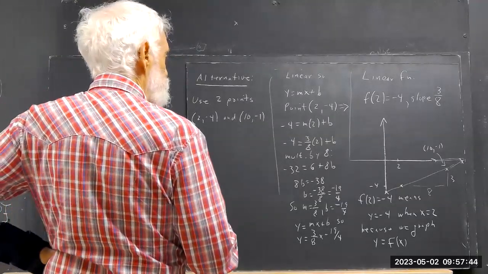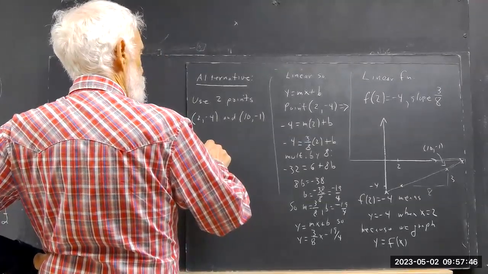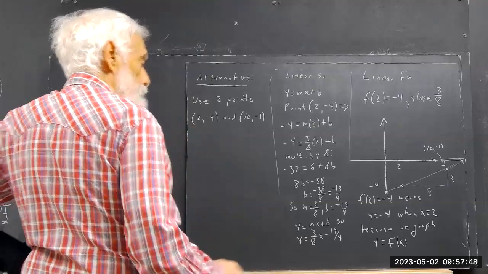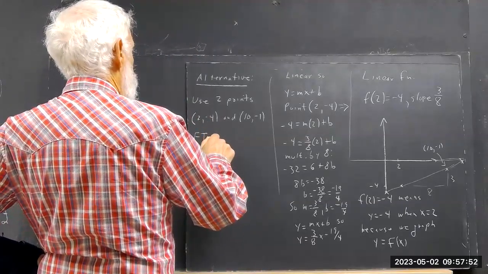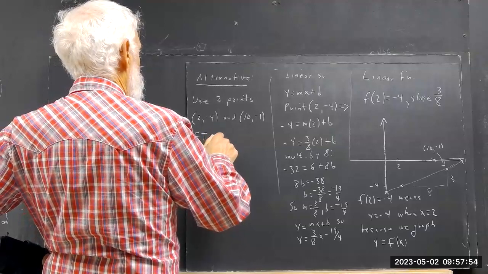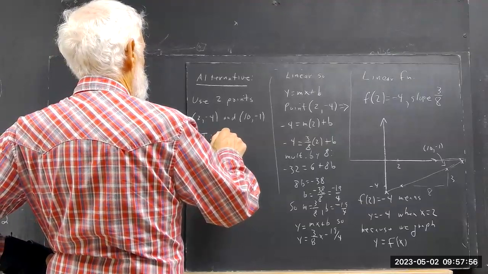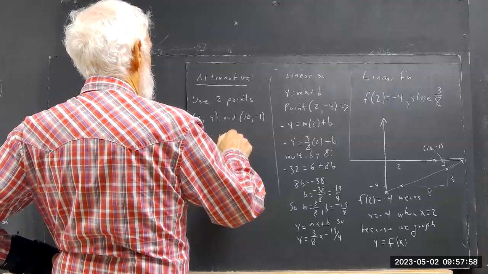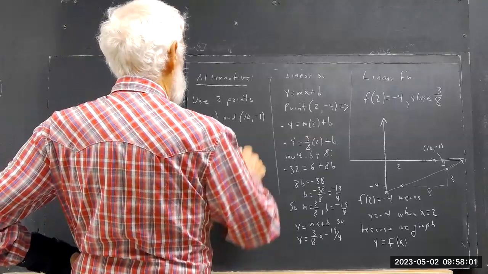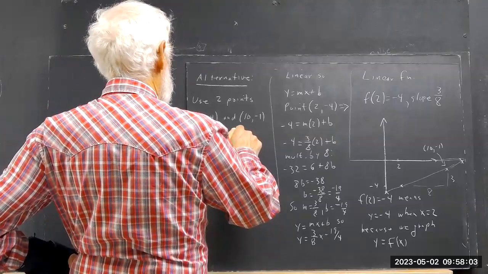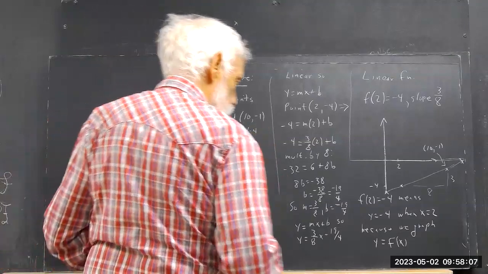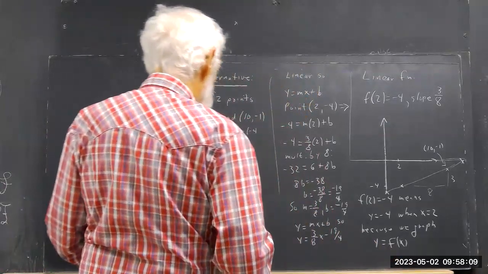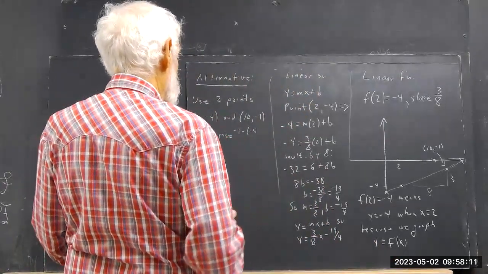Okay, so, fundamental triangle. Rise is... I'm writing it as a numerator because I'm thinking about the fraction.